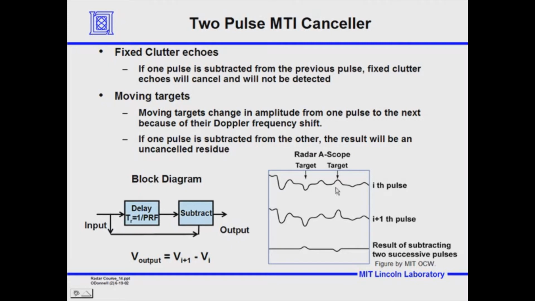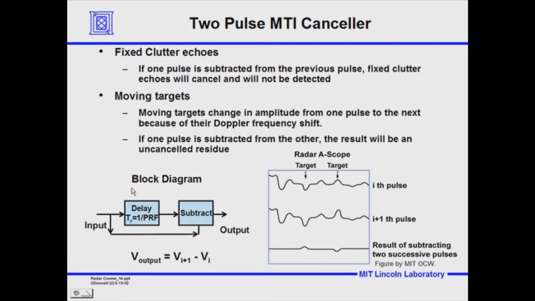That's because there's a target there that's moving, and there's a phase shift which causes the amplitude to be different. Likewise here, there's another target. So what you'd see in the output of subtracting 2 successive pulses is a residue. And if you take the magnitude of the sampled residues, these of course correspond to various ranges, you'd say there's a target here and a target here. Okay? And this type of display is called a radar A-scope because we're displaying amplitude as a function of time.